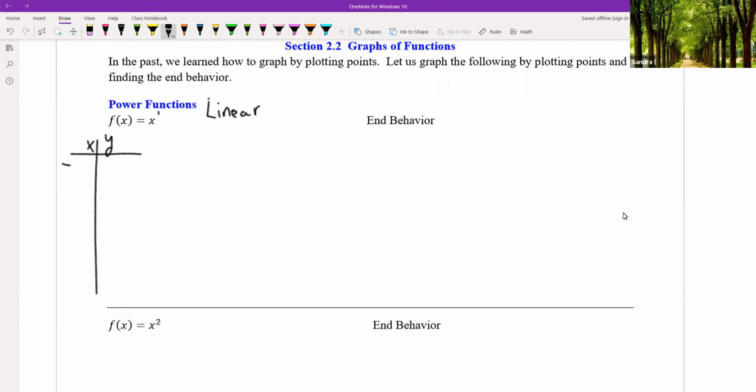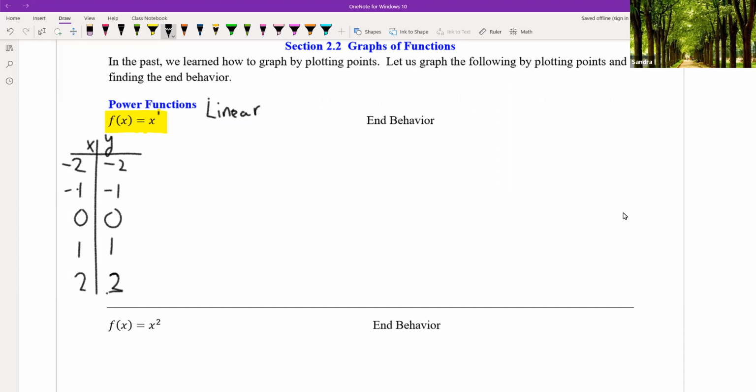When x is -2, if I plug it into the equation right here, that will be a -2. Plug in a -1, my answer will give me an output of a -1. Input is 0, output is 0. Input is 1, output is 1. Input is 2, output is 2.